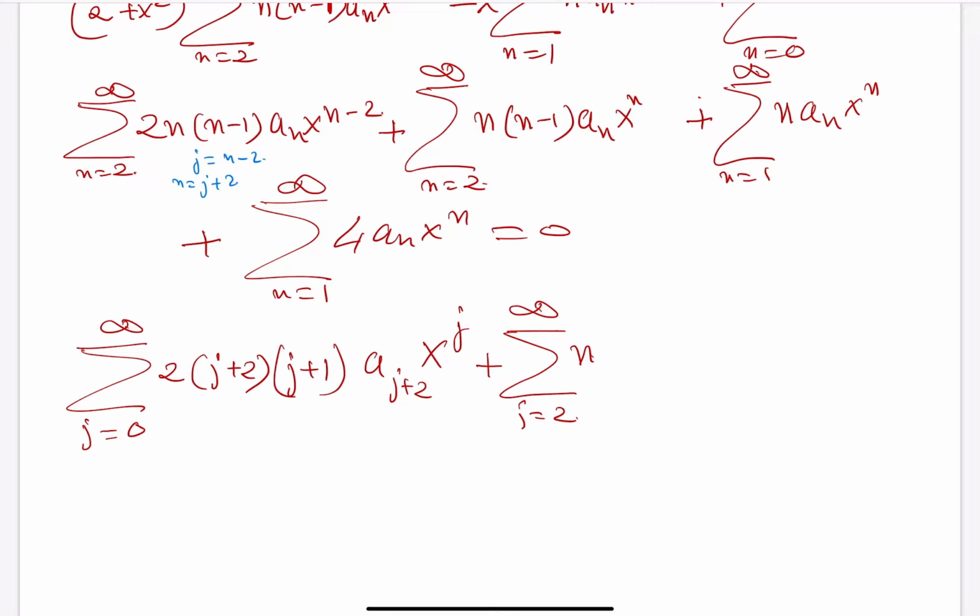Okay, let me point out something before I move on. Look here. If you look here, n starts at 2, but I already have n here. So I can go ahead and change it to n equal to 0. It's the same thing because of this one, n. Same as here, I can start from 0.